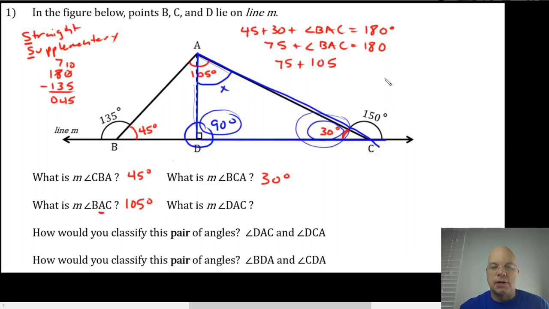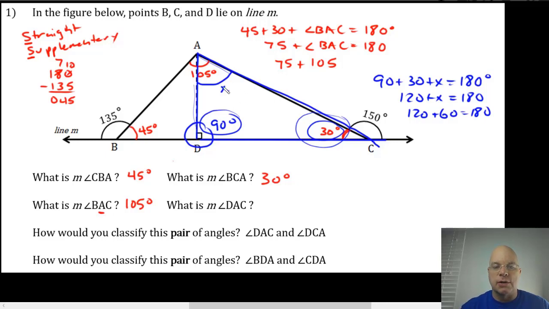I'll just call it X. 90 plus 30 plus X equals, again, 180 degrees for any triangle. So this is 120 plus X equals 180. So X must be 60. 120 plus 60 will give you 180. So this angle is 60 degrees. That looks about right.